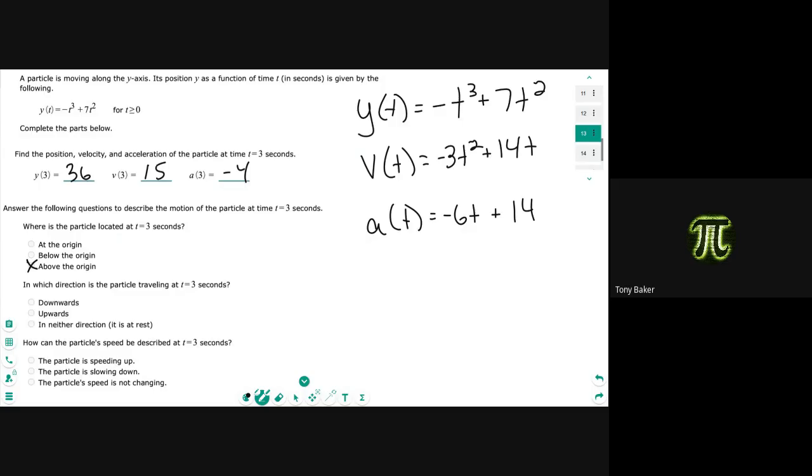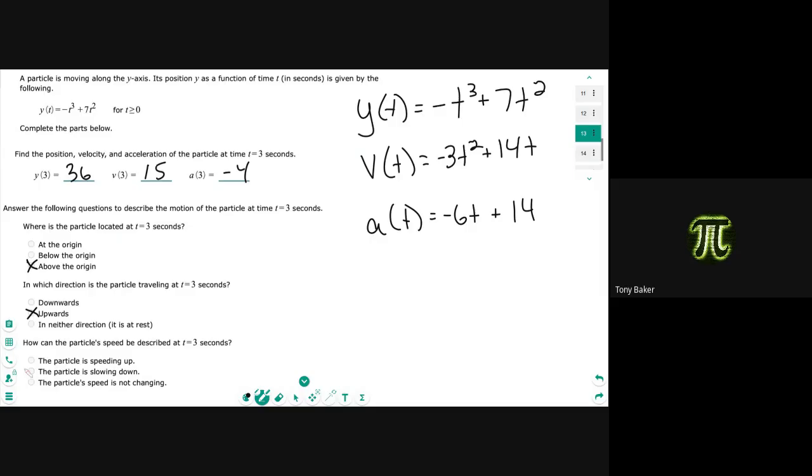For the velocity, is it traveling upwards, downwards, or staying the same? Upwards. Because velocity is positive. Is it speeding up or slowing down?